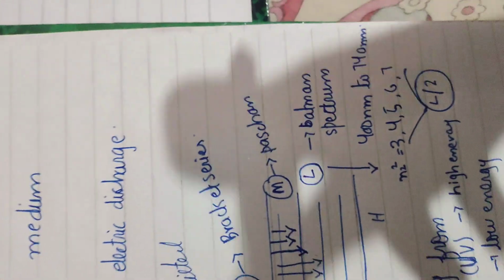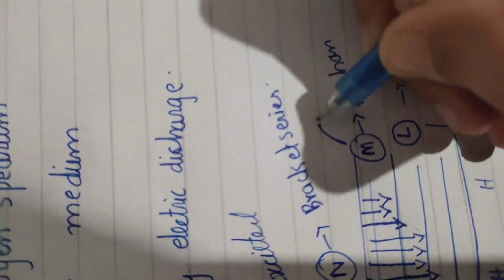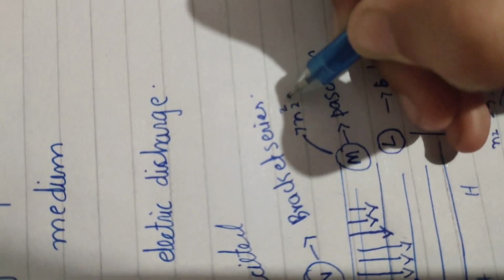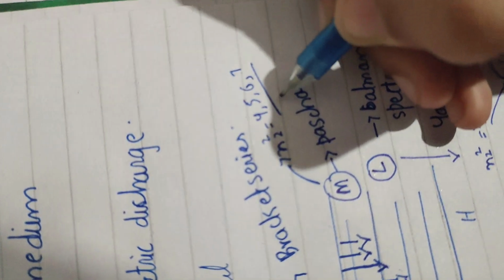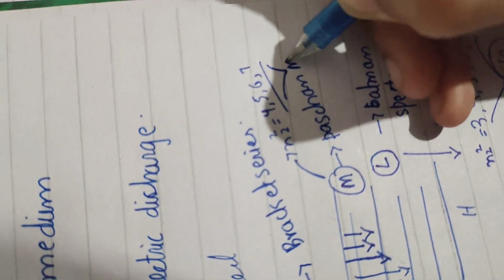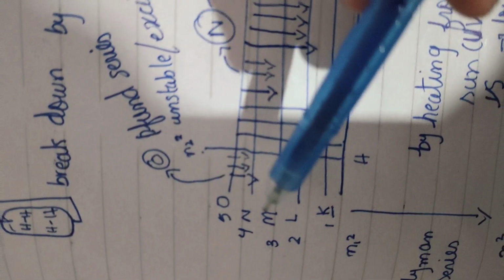Now talking about the M spectrum, that will contain 4, 5, 6, 7, and these spectra will fall on M, so the position of M would be 3.